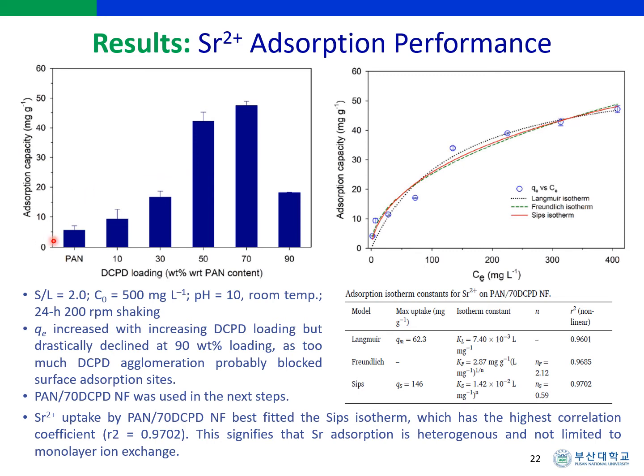The high DCPD loading led to the formation of large DCPD agglomerates, which resulted in the protrusion of DCPD particles. As a result, more surface adsorption sites of the DCPD particles were exposed and became accessible to strontium ions, resulting in higher adsorption capacity values.